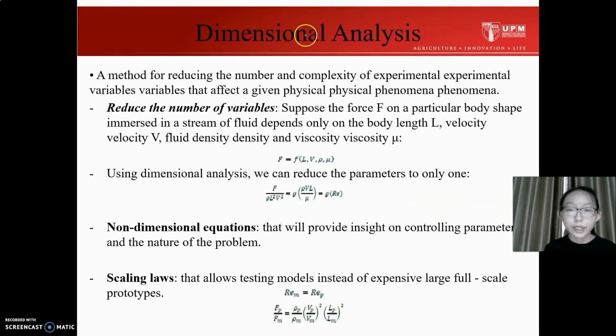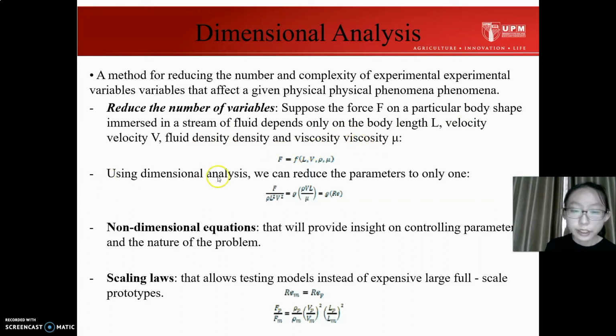So dimensional analysis is a method for reducing the number and complexity of experimental variables that affect a given physical phenomenon. First is to reduce the number of variables. Suppose the force F on a particular body shape immersed in a stream of fluid depends only on the body length L, velocity V, fluid density, and viscosity.